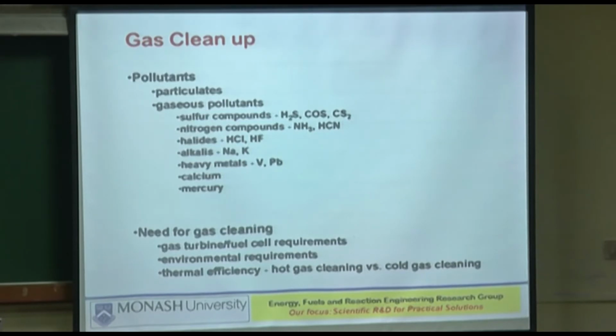But despite considerable effort and money spent, predominantly government money, hot gas cleanup has still not seen the light of commercialization. So a compromise has been made, which is warm gas cleanup, somewhere in between. It's not as cold as cold gas cleanup, 400 degrees or so.